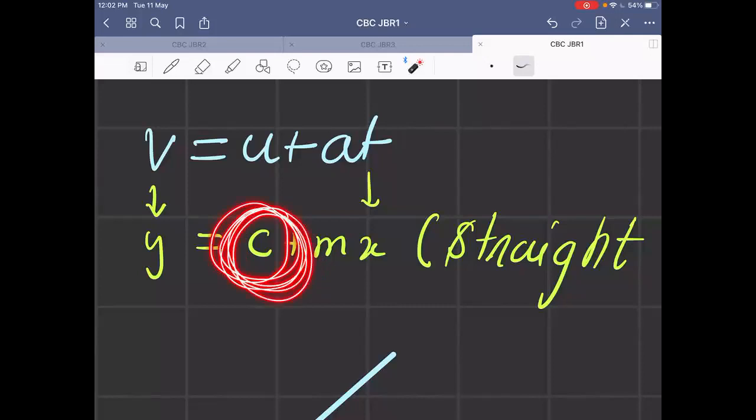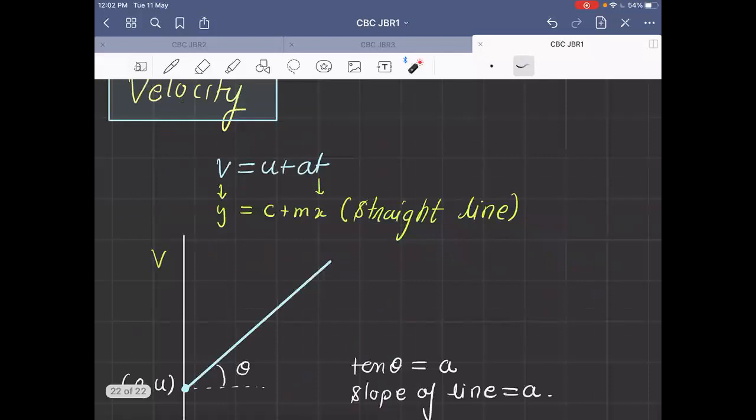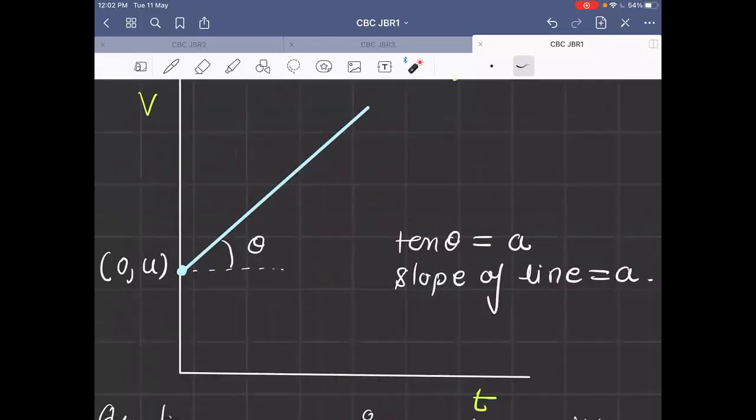It's not John Cena, okay? C here is the initial velocity. So the initial velocity, I mean the intercept on the y-axis, is represented here. And this theta, which gives tan theta, is equal to a, that is the acceleration.